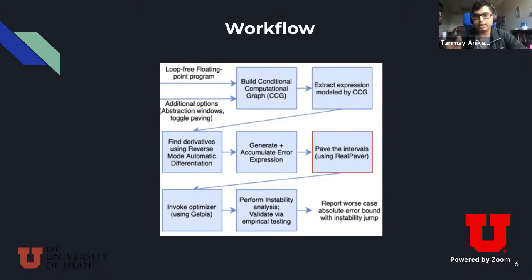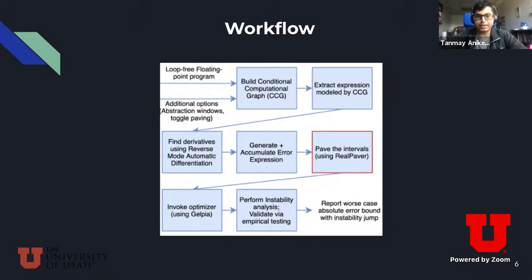We then subdivide the input intervals using a tool called real paver for the constraints that we have. This is to handle conditionals to create subdomains over which to optimize error. We account for optimization over non-rectangular domains by paving the region with rectangles using an off-the-shelf tool called real paver. This part of the flow is different from Satire's workflow.